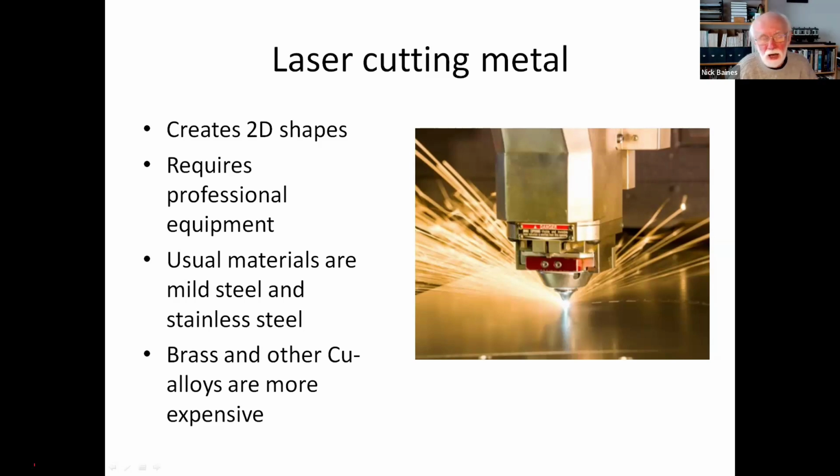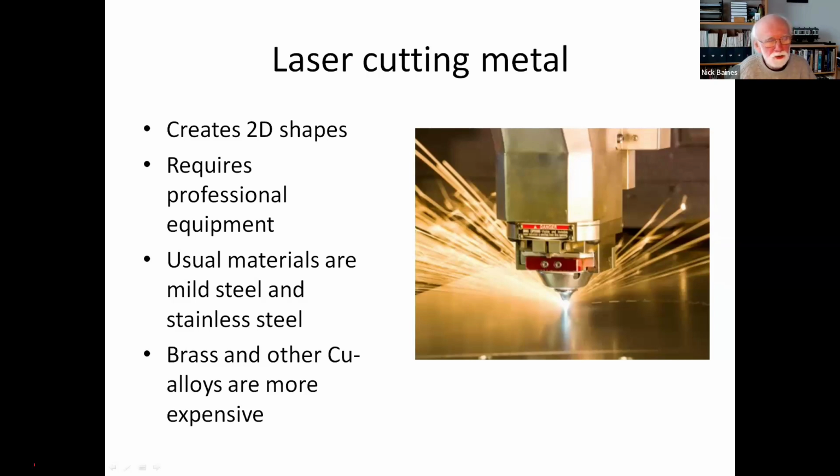Laser cutting at home is viable if you're wanting to cut thin plywood or plastic sheet or cardboard, materials of that type. If we're dealing with metals, it's a different ball game. It only creates the 2D shapes. You can make the frames and the stretchers and the motion brackets and stuff like that using 2D technology.